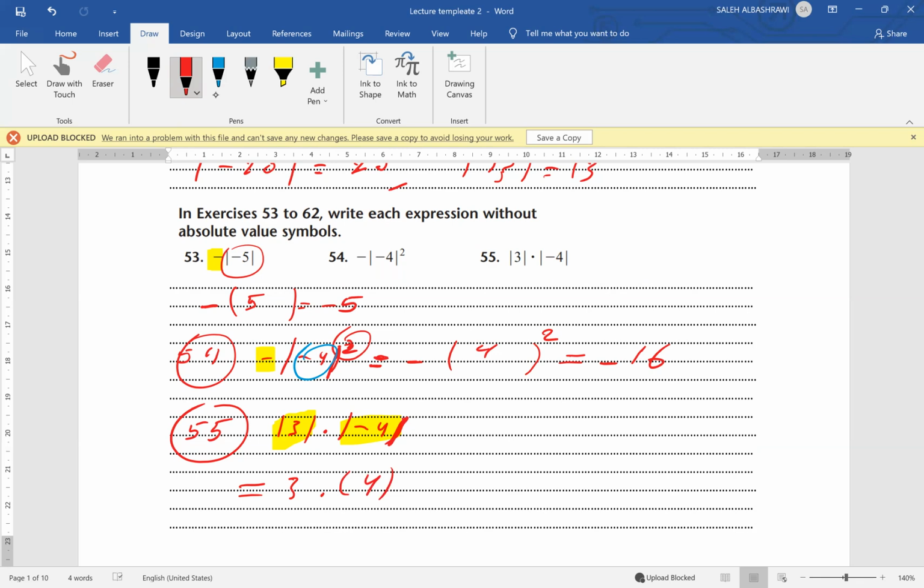Again, if it is negative, just write it without the absolute value as a positive number. Now 3 multiplied by 4 is equal to 12. Read it as multiplied by, or product, or times: 3 times 4 is equal to 12.